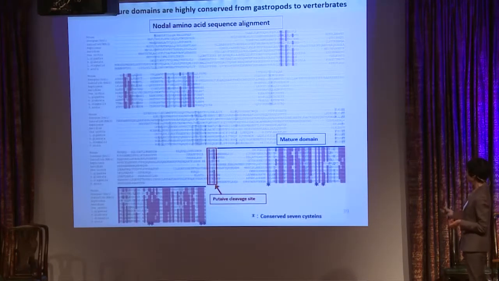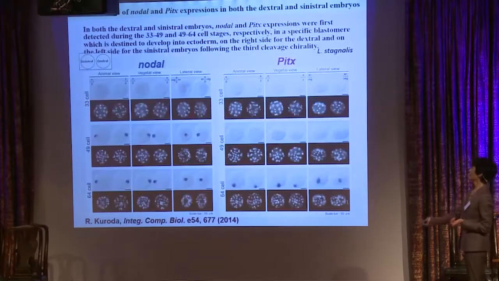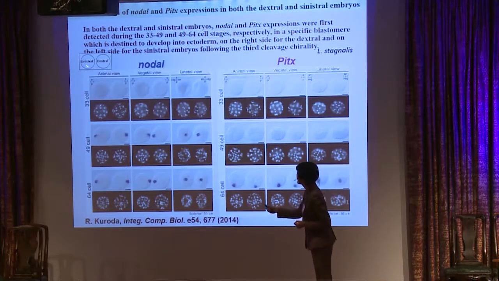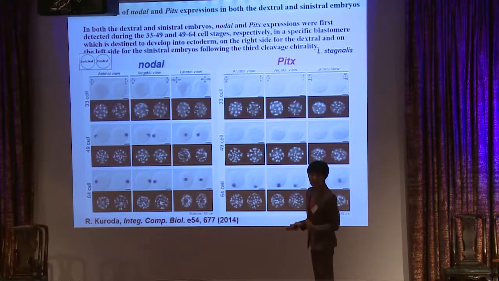So we did the cloning, and we found nodal is there, and whether it's the sinister one or dexter one, it appears at the mirror image site, and at a very early stage. We had to put two together to take a one-shot photograph. Otherwise, they may say you can cheat by putting it the other way around, reversing it.